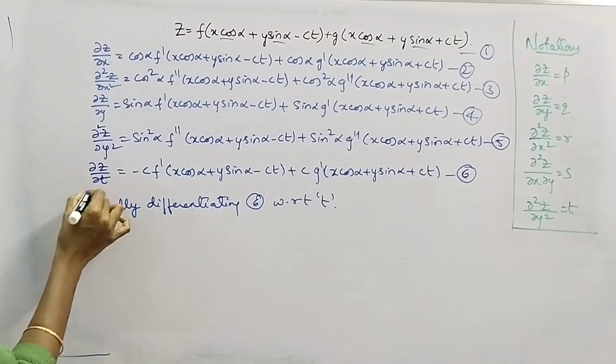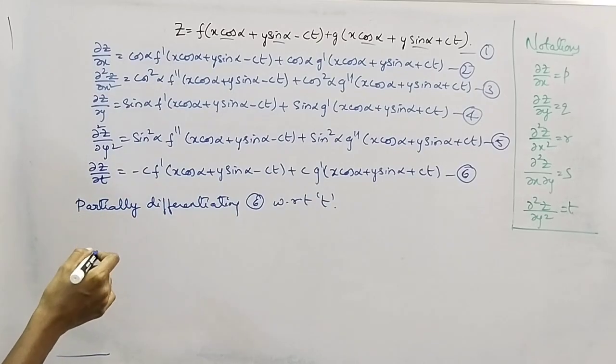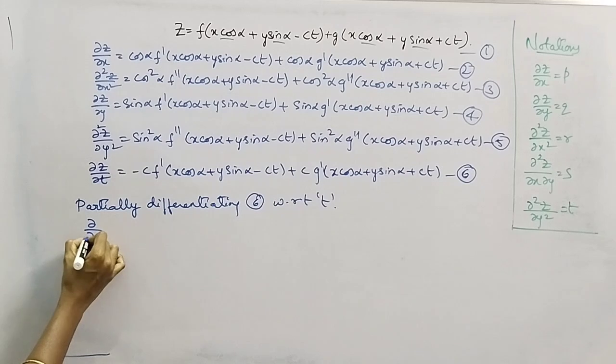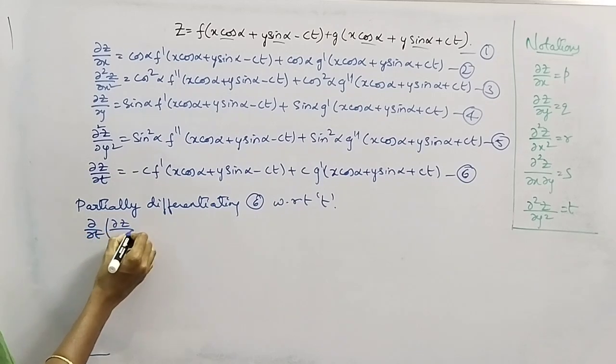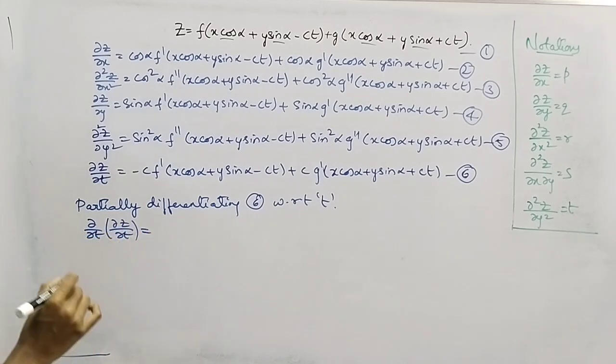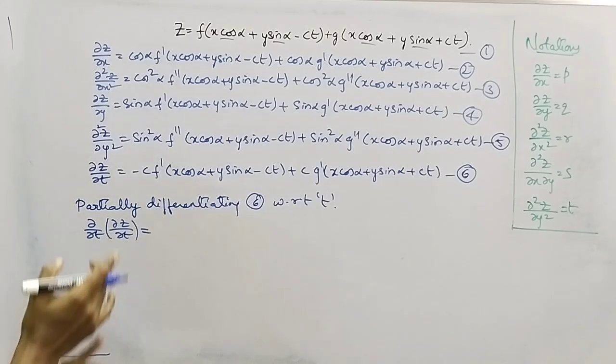You'll get ∂²z/∂t² equal to something. It's not necessary to write this, but in order to avoid mistakes, in order to make every student understand, I'm writing it again and again.